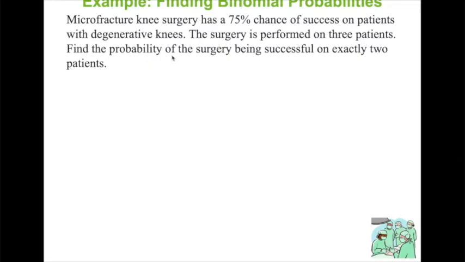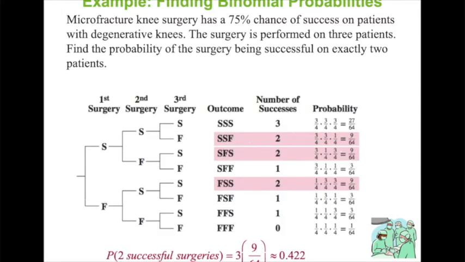Find the probability of the surgery being successful on exactly 2 patients. Now before we use the binomial probability formula, there's also another way to do it using a tree diagram. Since there are 3 patients, there are 3 surgeries.